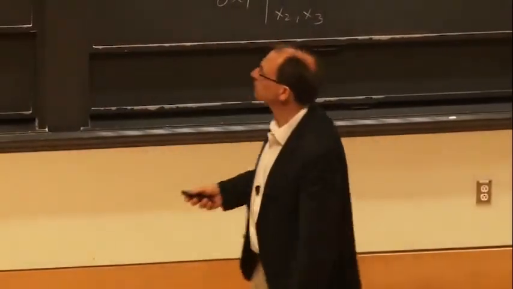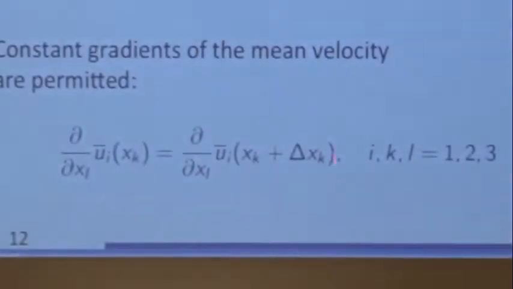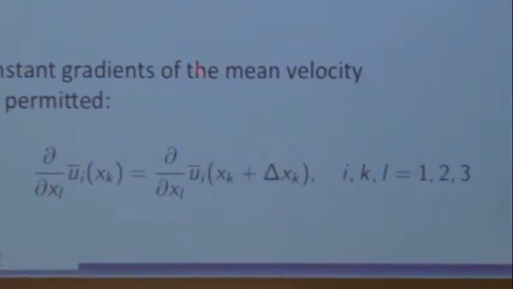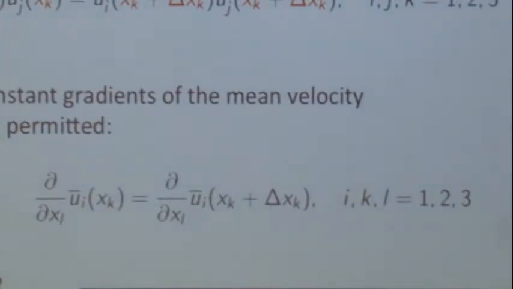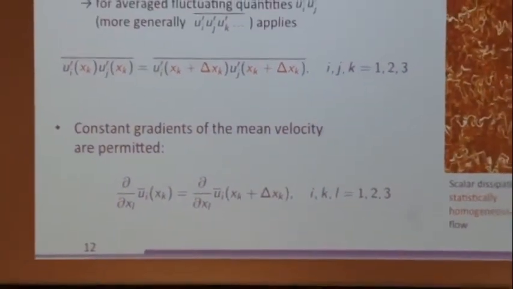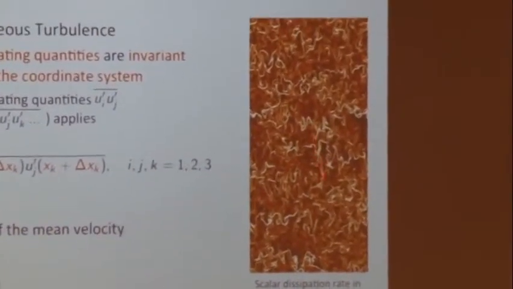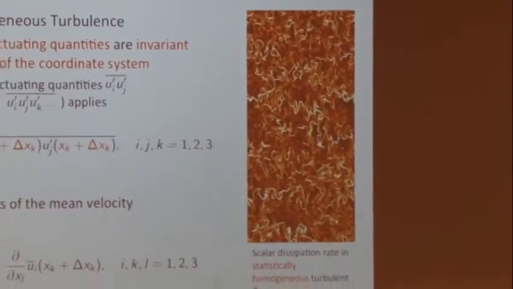Turns out, if that's your requirement, then you can actually allow for gradients in the mean velocity, at least in one direction. That's an important feature, and we'll see later on why. This here is a direct numerical simulation of statistically homogeneous turbulent flow.